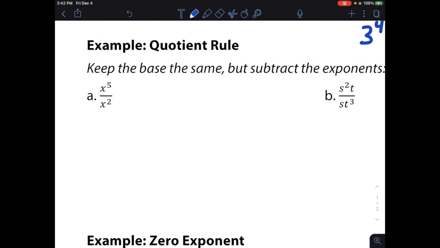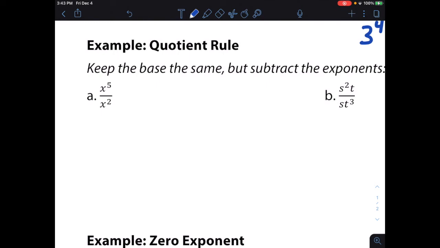Quotient means division. So if we have a fraction and we have bases that are the same in the numerator and the denominator, we have to do some subtraction of the exponents. So we always want to do the subtraction wherever the exponent is larger.